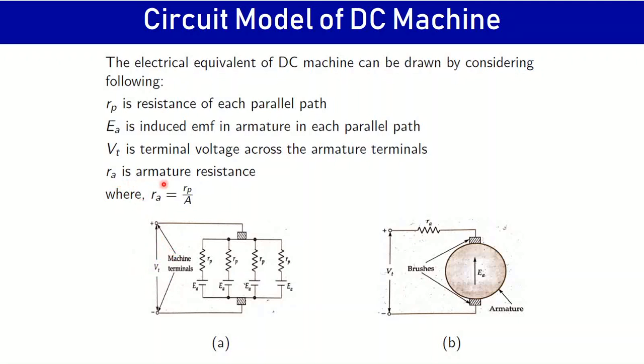Ra is the armature resistance. So here Ra will be Rp by A, where A is the number of parallel paths. So the total voltage which is obtained from these parallel paths here is shown as Ea. So this is how the circuit model of the armature side looks.